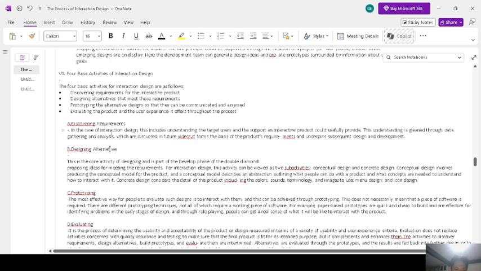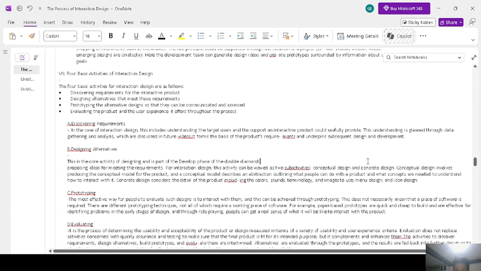Discovering requirements involves understanding the target users and the support an interactive product could provide. This understanding is gained through data gathering and analysis, which are discussed in future videos. It forms the basis of requirements and subsequent design and development.